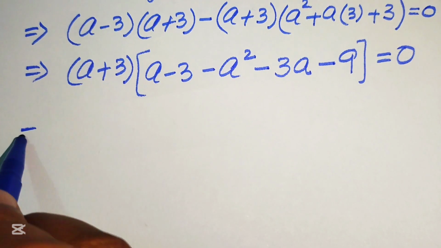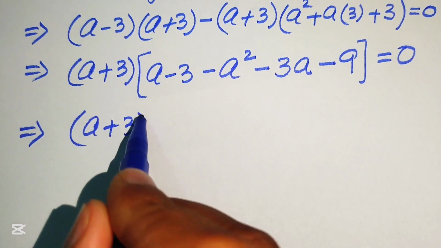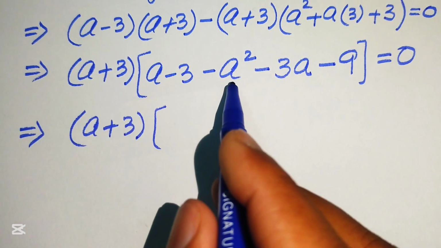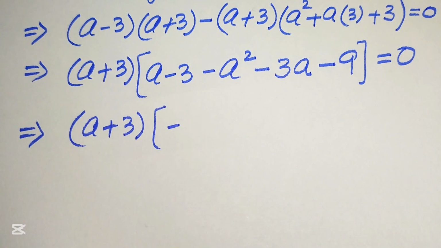So further in the next step, we need to simplify the terms, and we have a plus 3 times, here we need to add or subtract the like terms.